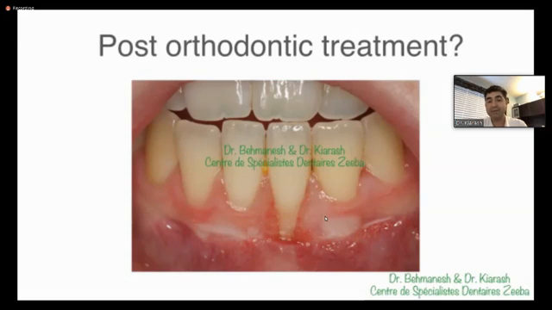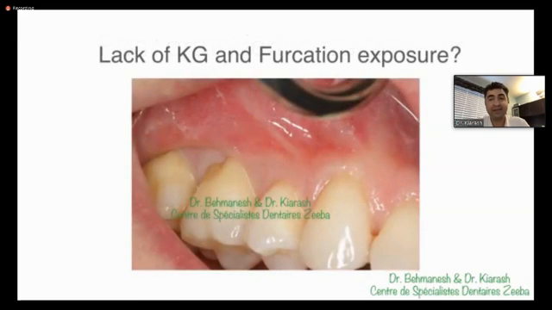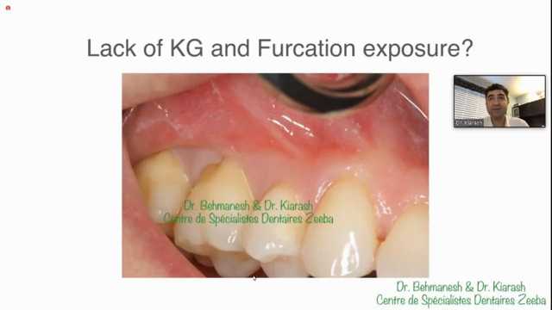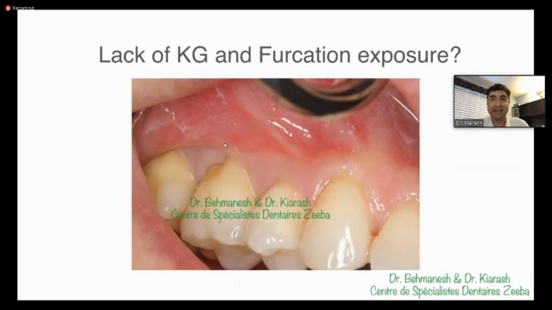So what happens when we start looking at teeth in the posterior region where they have multi-rooted teeth and they have a furcation? So in these particular cases, something as innocent as a 2 or 3 millimeter gingival recession can turn out to be a catastrophic outcome for a molar tooth if the combination of events presents itself where you have a recession in the wrong spot, i.e. around the furcation area.